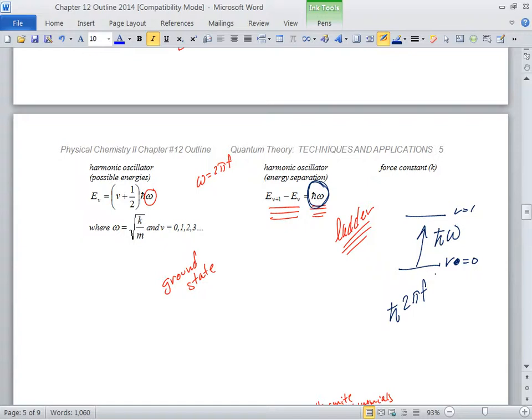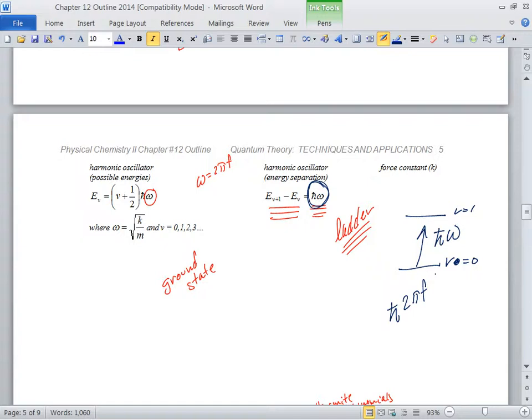So write 33 times 10 to the third hertz, and you'll get the right answer. Does that make sense? Okay, so 12.11b, calculate the minimum excitation energy of a 33 kilohertz crystal. Omega is 2 pi f, we're good.